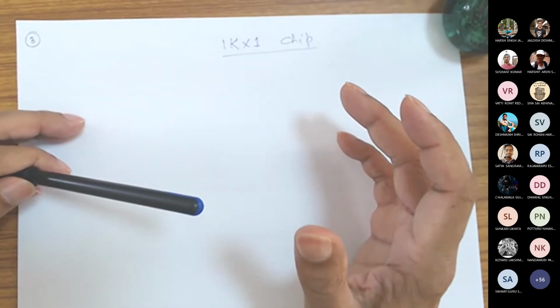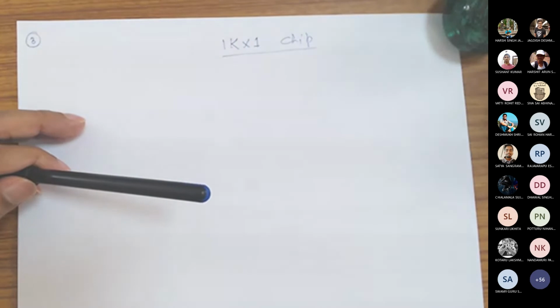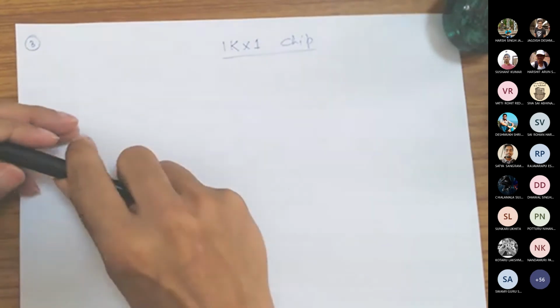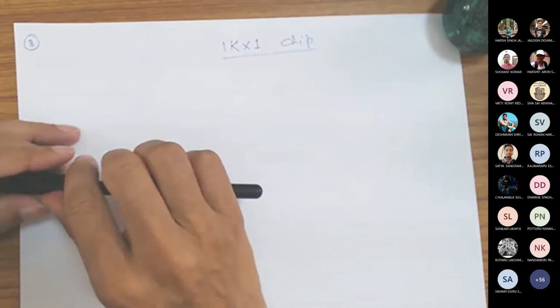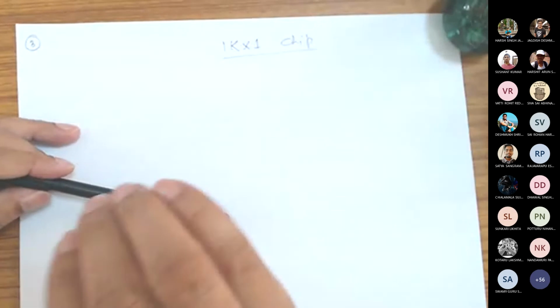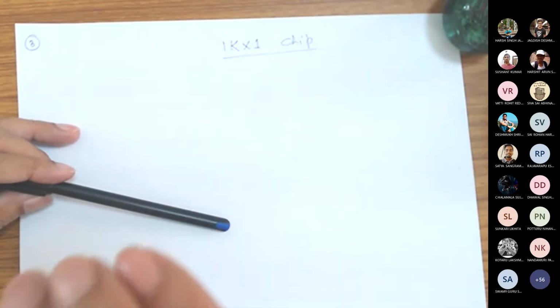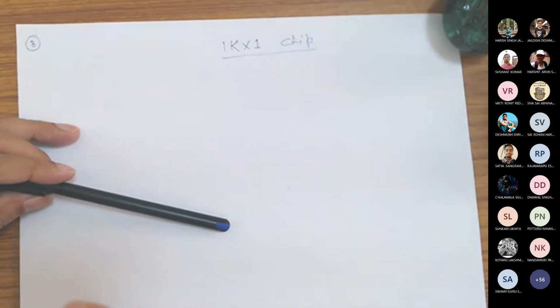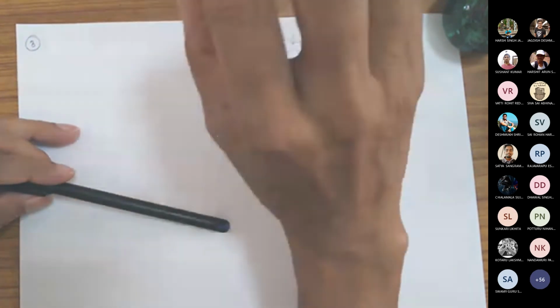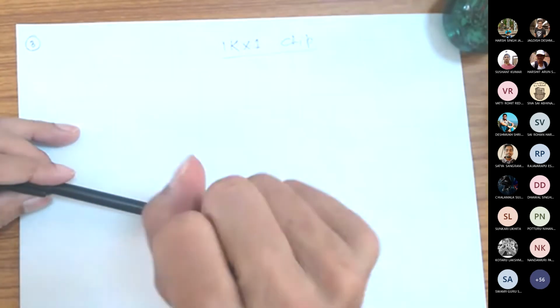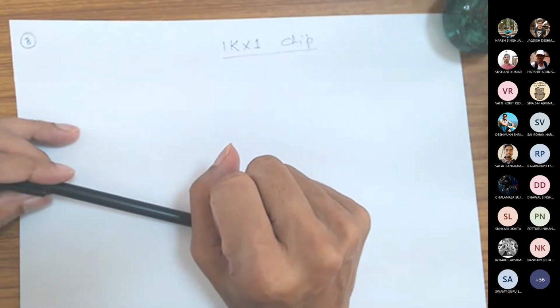That is the reason we don't go for such huge decoders. Rather, we divide it: some part will do the row addressing, some part will do the column addressing.